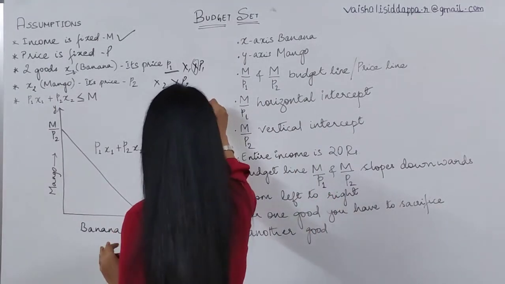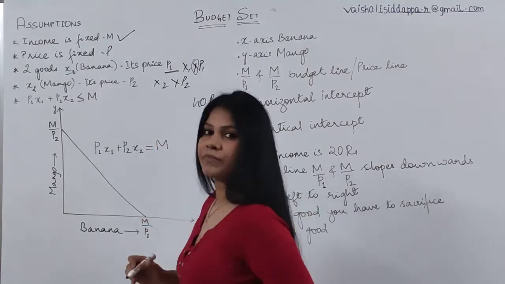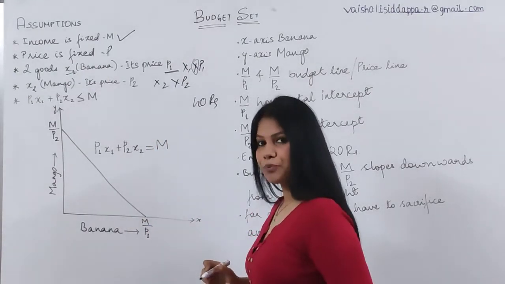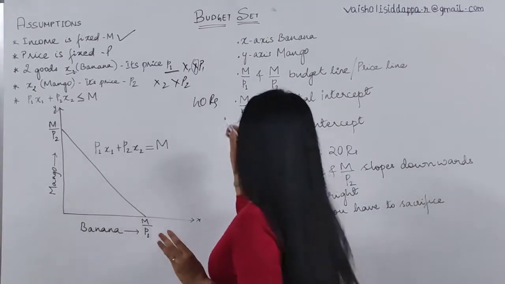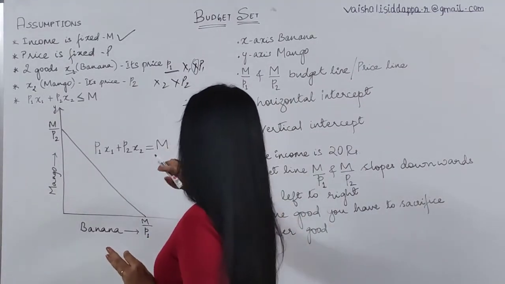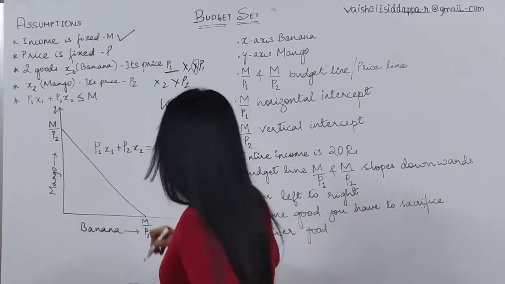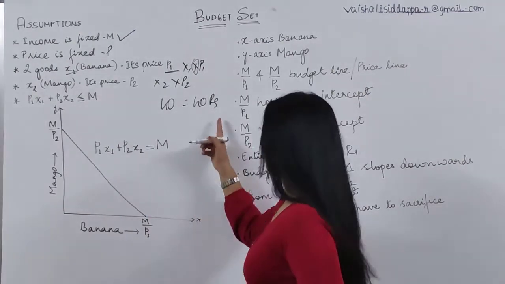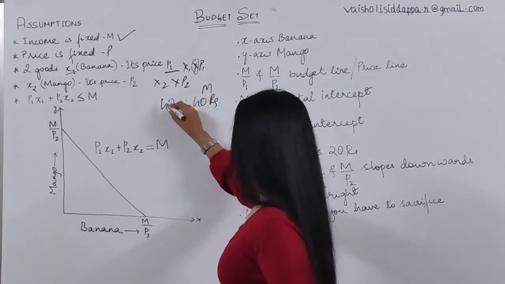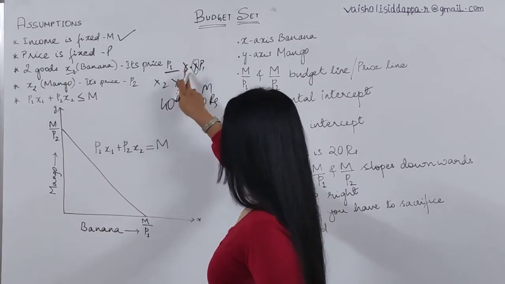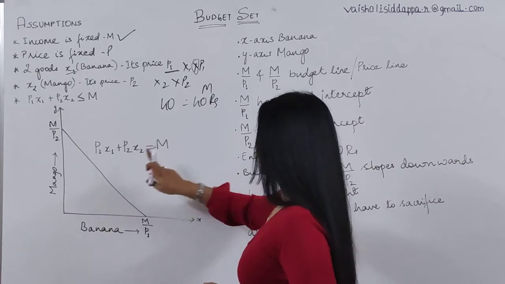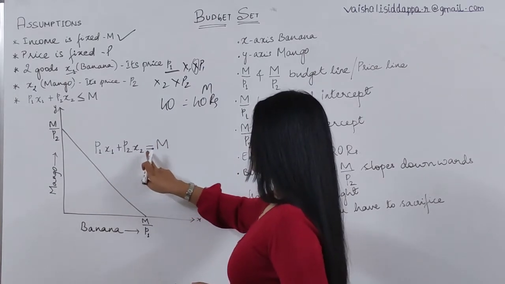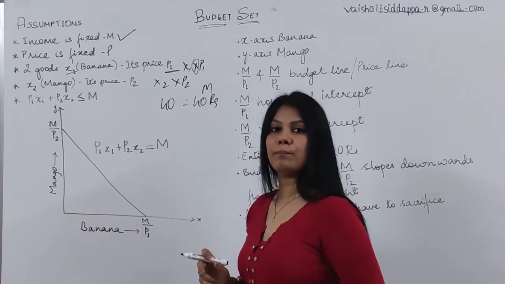If I have 40 rupees of income, I can spend all 40 rupees, or I can spend only 20 rupees. If I have spent all my 40 rupees on the X1 commodity and the X2 commodity, then P1 X1 plus P2 X2 will be equal to M.